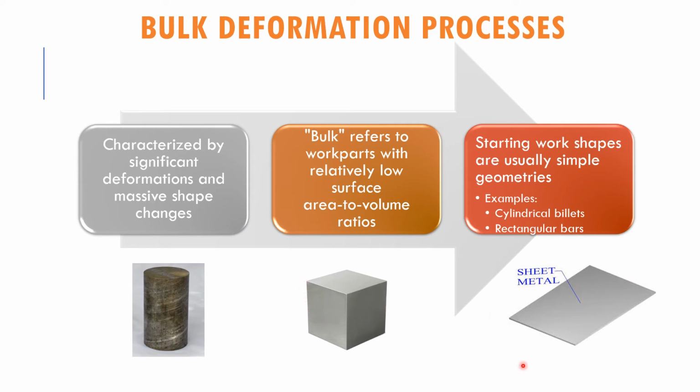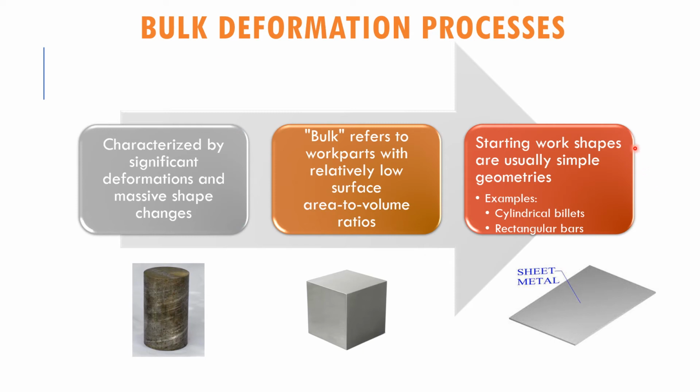Although the volume is the same, the area here is smaller. This sheet metal might be double the surface area compared to this one, although they have the same volume.